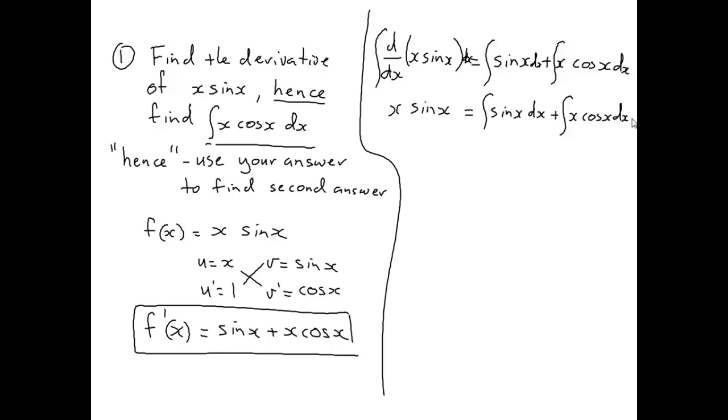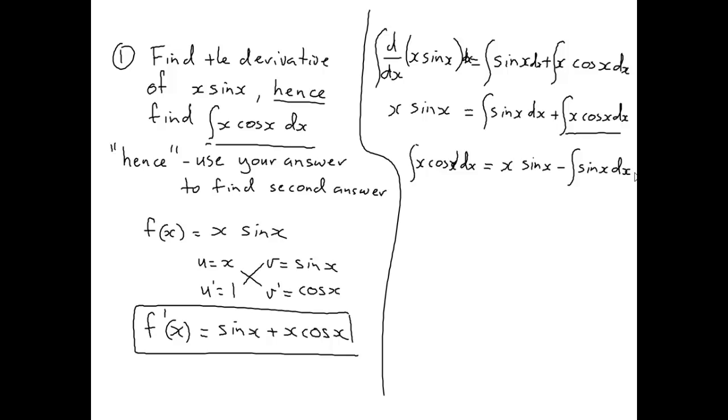Our job now is to get this expression by itself, so I'm going to subtract the antiderivative of sine x and bring this one over to the left hand side. The antiderivative of x cos x with respect to x equals x sine x minus the antiderivative of sine x dx.